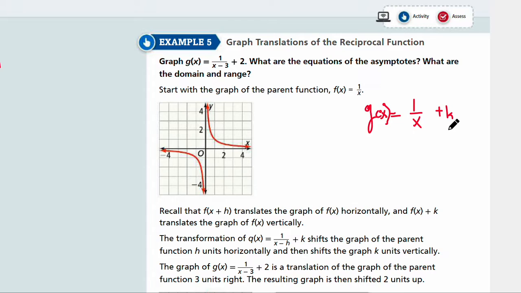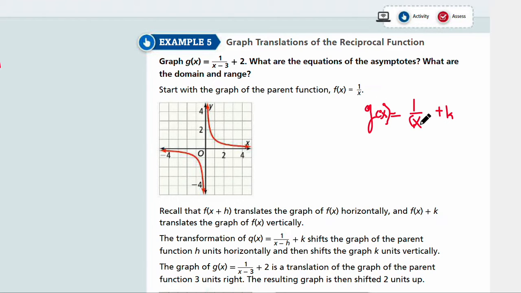But for the horizontal translation, remember how horizontal was different. It affects your domain, not your entire function. So your x must be solved first, which means you will have a partial modification. So you will have parentheses, and most likely, if you don't have parentheses, that's still fine because you have a fraction here, right?